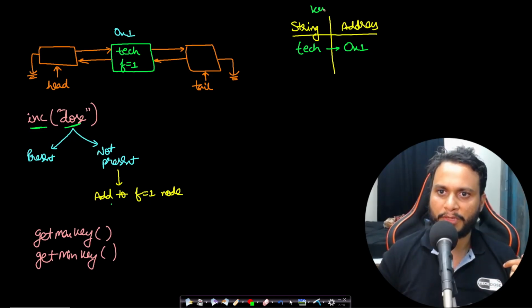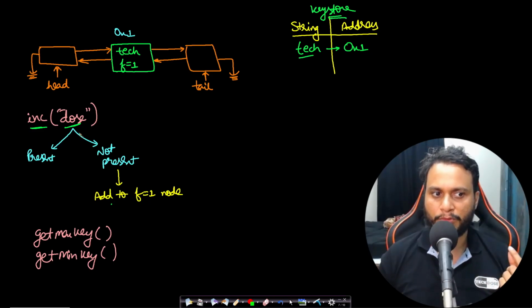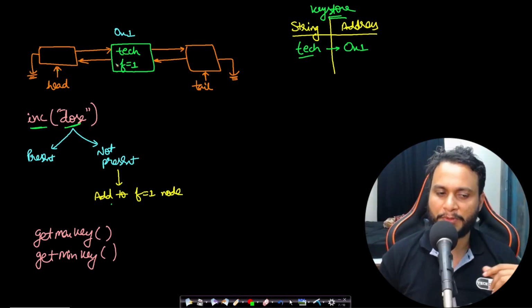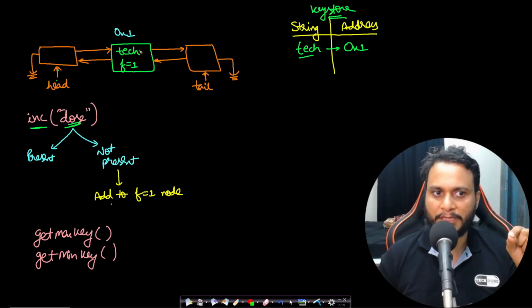Again, you look at the key store, and you see that it just has tech, it does not have dose. So you know that it has to be inserted with frequency 1. Head's next node will always be the one which has frequency 1, if there is a node with frequency 1. So you check the head's next node. This node is tech and its frequency is 1. So just insert dose into this. Since it is a set of strings, I will just insert dose into this set.